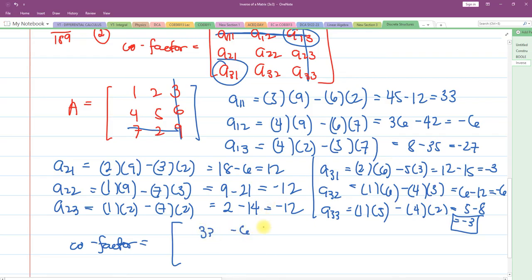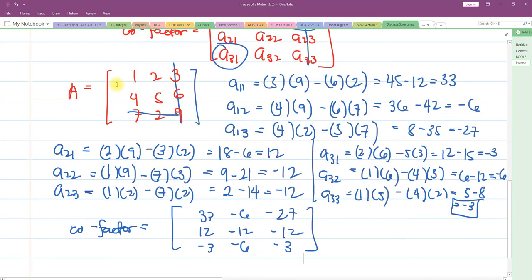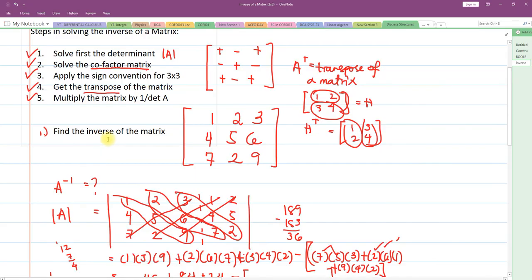A12 is negative 6, negative 27. A21 is 12, negative 12, and negative 12. You have negative 3, negative 6, and negative 3. This is our cofactor matrix. Alright, so that is our second step.